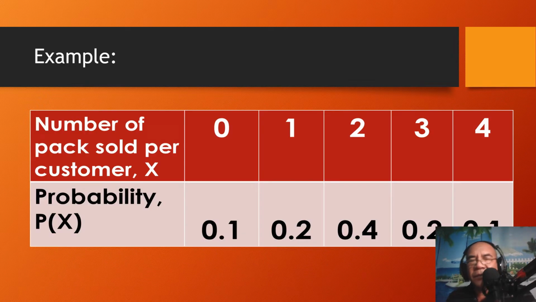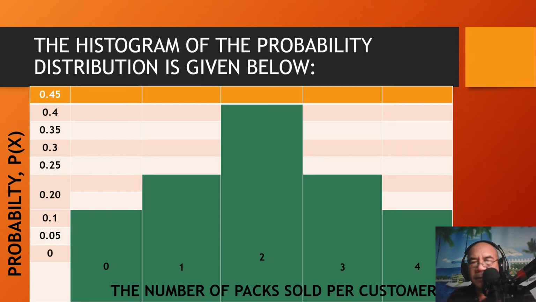Now we have this table, and you are given the number of packs sold per customer, and our notation is x. So we have 0, 1, 2, 3, and 4. And the probability, or P of x: 0.1, 0.2, 0.4, 0.2, and 0.1.